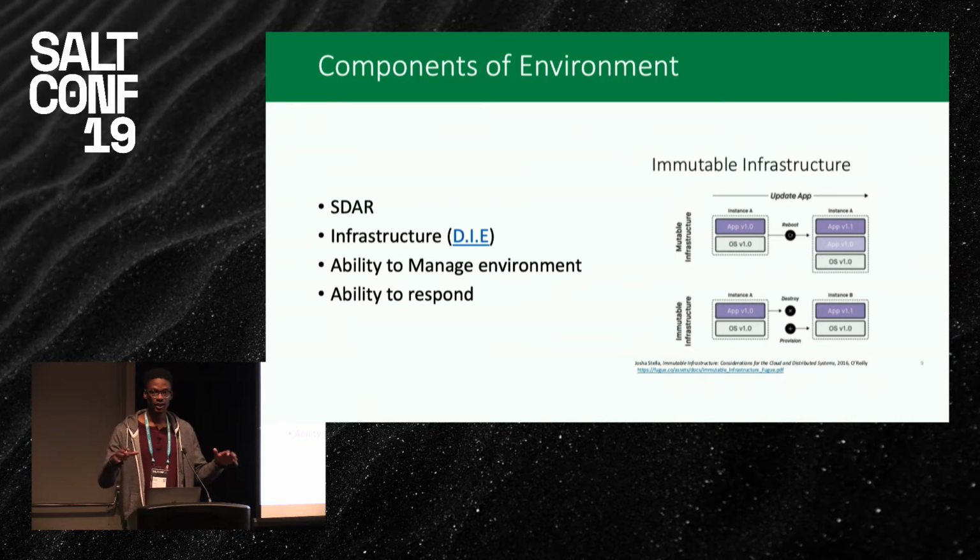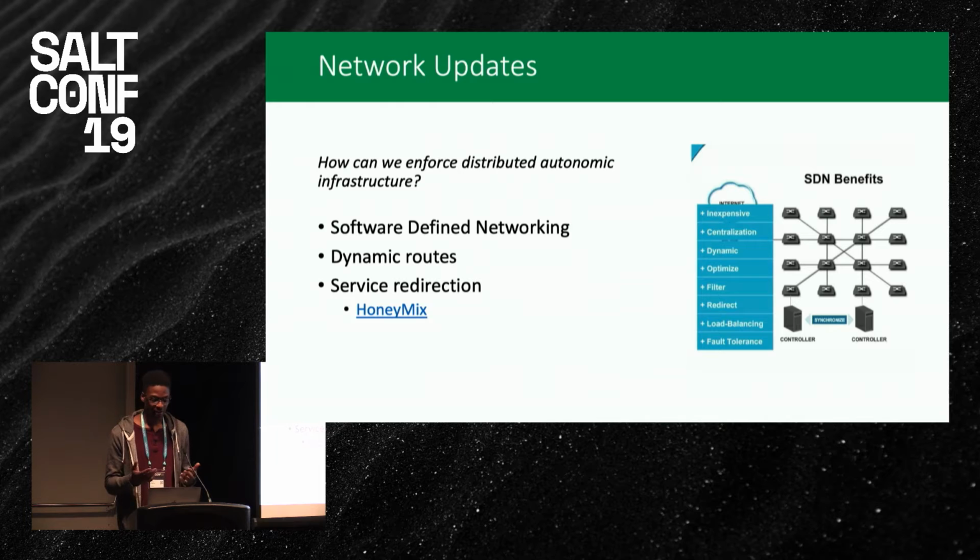Distributed means systems with load balancing across multiple nodes. Immutable means you don't update one node continually; you have a version that you push out. Ephemeral means things can be torn down and are not persistent. Also, the ability to manage the environment and to respond is implemented through orchestration tools.